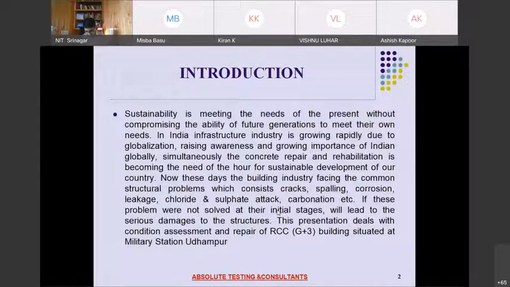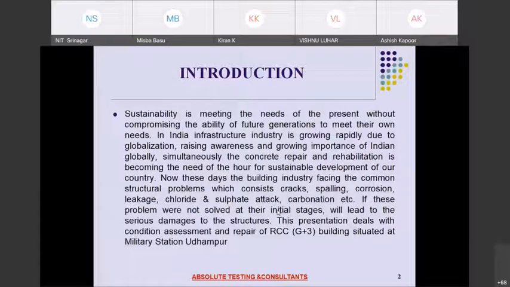So for the sustainability of any type of structure, NDT plays a very important role, so that during its service life, we make sure that the present condition of the structure is as per the design and as per the serviceable requirement. NDT will be very helpful in getting all this data from the existing structure.